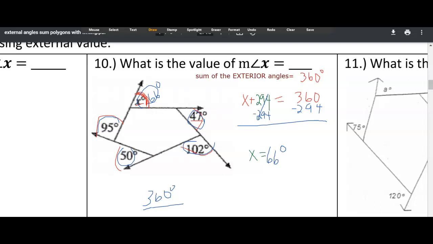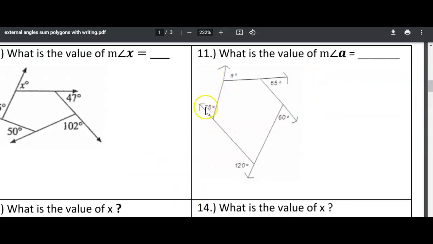Okay, go ahead and double check it. Add up 50, 95, 66, 47, and 102, and you should get 360. Check it to make sure, and then we'll move on to number 11. Okay, it did. Adding all these exterior angles gave us 360 degrees, which is correct. All right, let's go to number 11. Okay, let's try number 11. It's asking, what is the value of the measure of angle A?